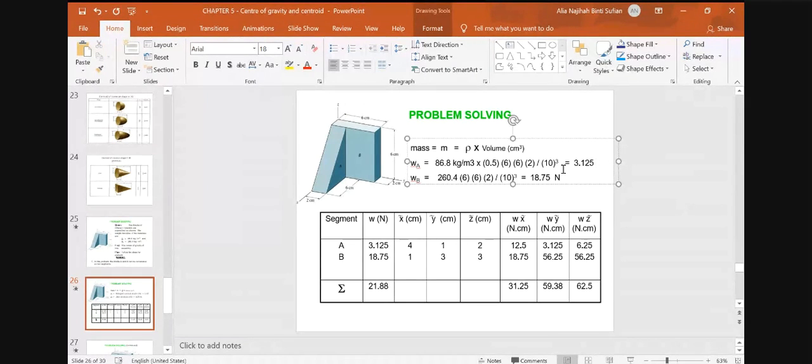The volume is already in meter cube, because it was divided by 10 to the power of 3. So we have 3.125 meter cube, and the meter cube cancels out. We have 3.125 kg.